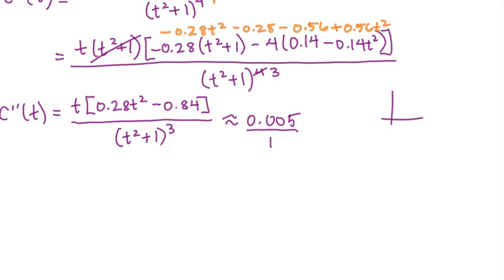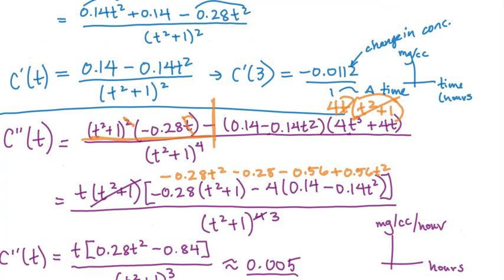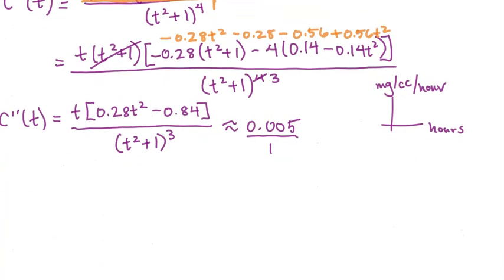This time we aren't starting with the c of t on our x and y axis. We are on our x axis because that doesn't change. So this is still hours. But the function we started with was actually the rate of change function. So this was milligrams per cc per hour already. Let me just make sure I got those units. Milligrams per cc. Yes.